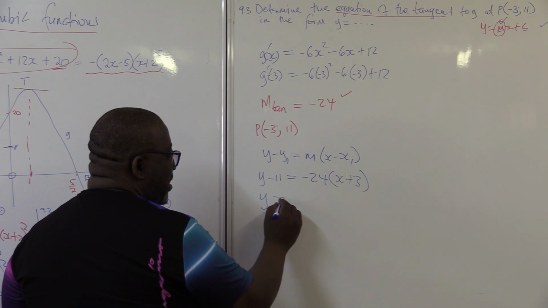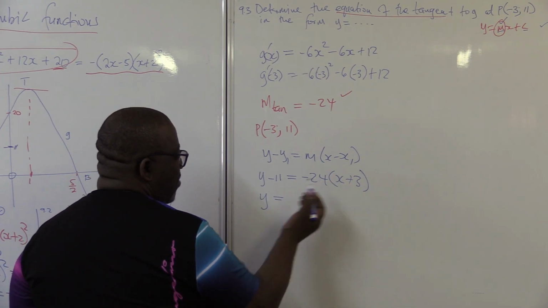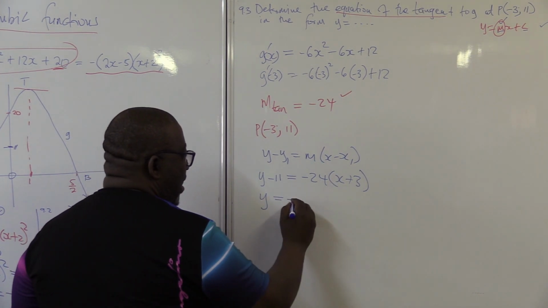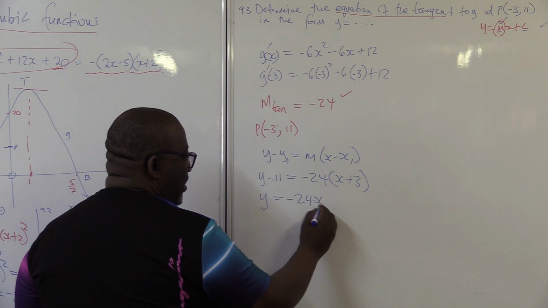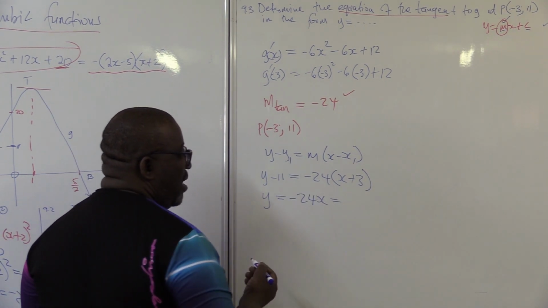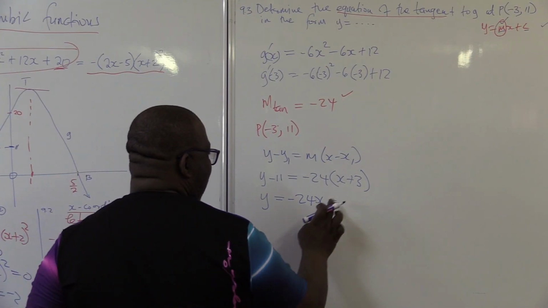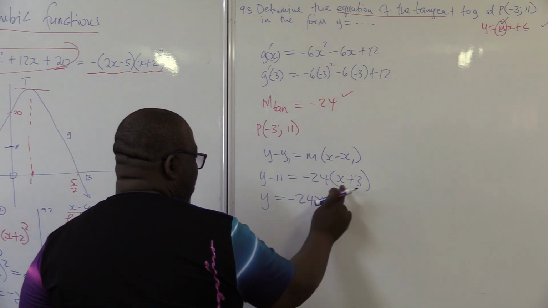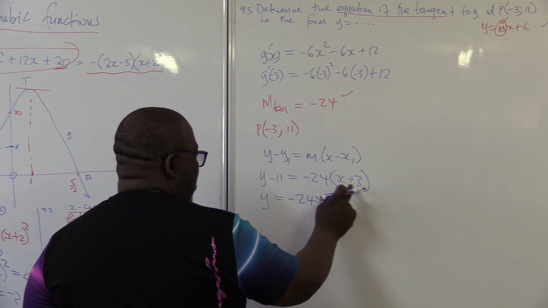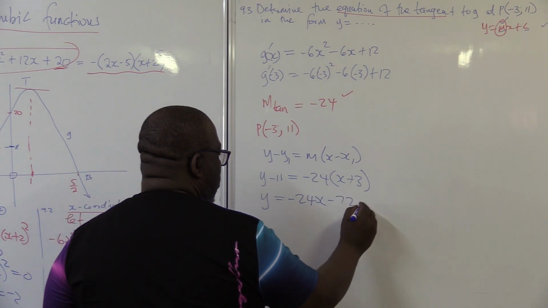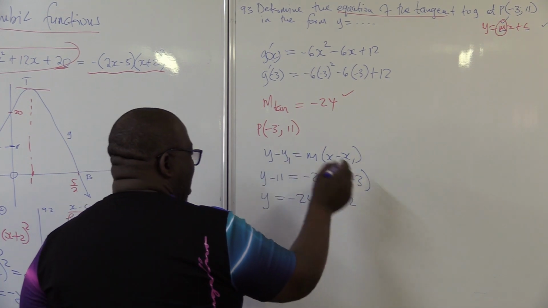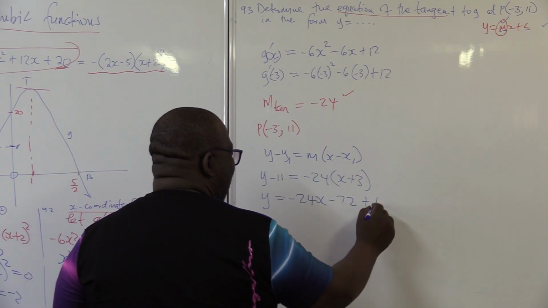This will be y equals, you take this, you multiply by that, it will be minus 24x. You take this, you multiply it by 3, 24 times 3, 72, so minus 72. Take this 11 this side, it will be plus 11.